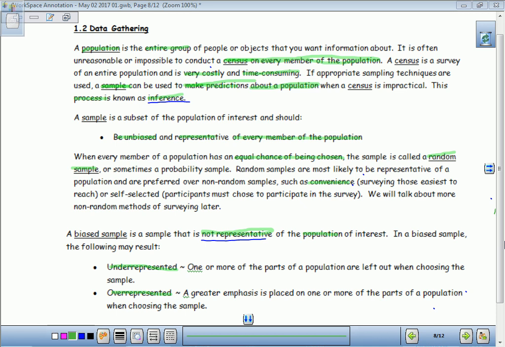And the way we do that is to create a sample such that each member of the population has an equal chance of being chosen. That's our favorite. That's a random sample, where each member of the population has an equal chance of being chosen. Random samples are most likely to be representative of a population and are preferred over non-random samples.